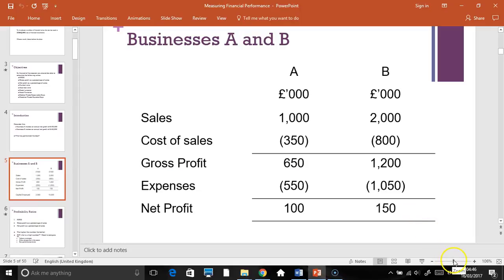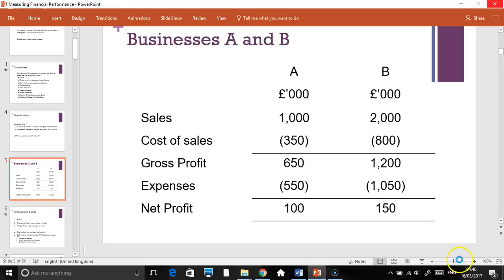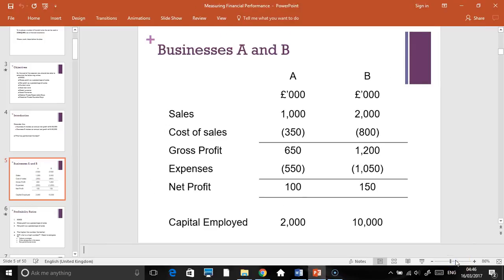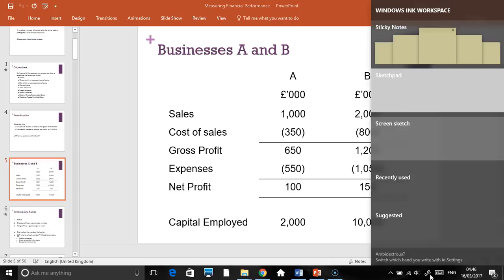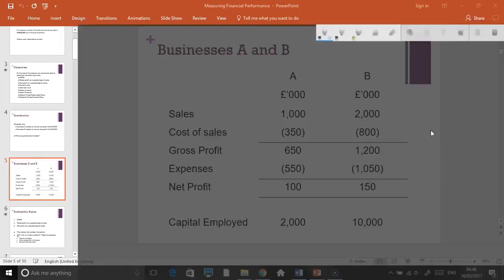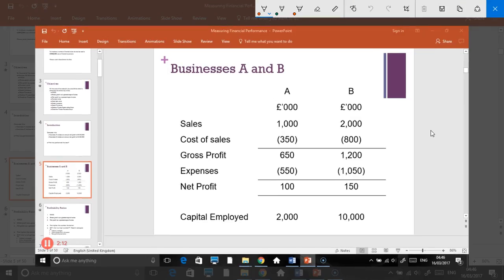So if we look here, you can see what's going on over here. I mentioned this earlier on. Mr. A invests £2,000. He gets sales of 1,000.